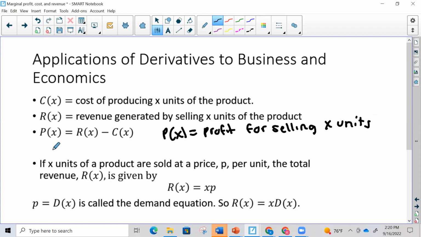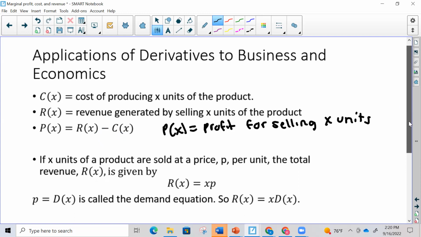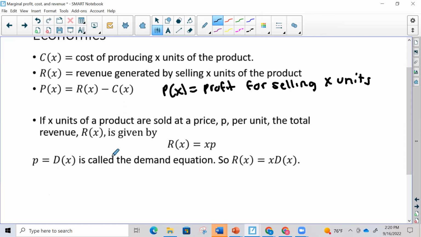And we define P of X, that profit function, to be the revenue minus the cost, how much you're making minus how much your expenses are. Now, if X units of a product are sold at a price P per unit, the total revenue R of X is given by this function R of X equals X times P. It's the number of units times the price per unit.